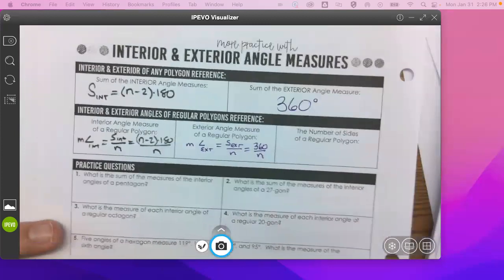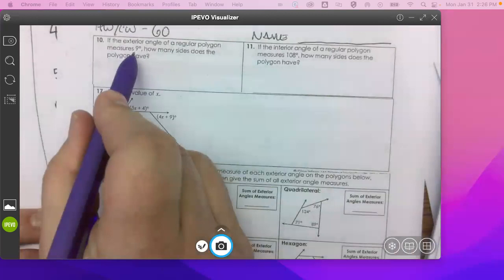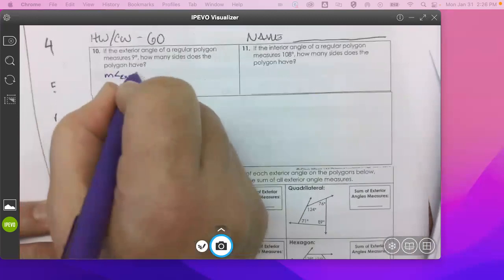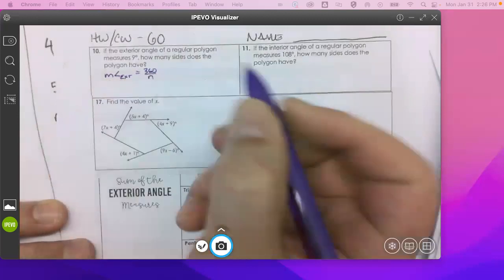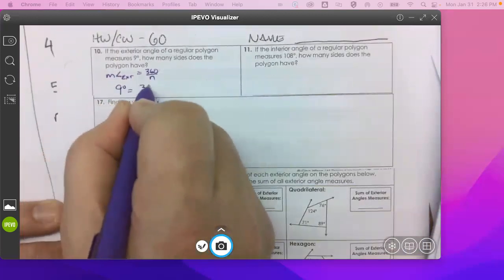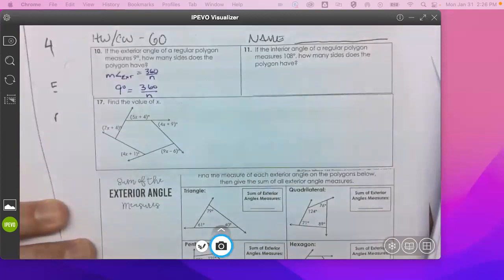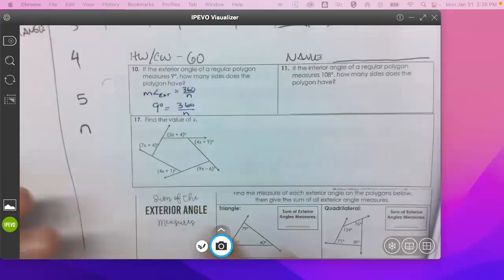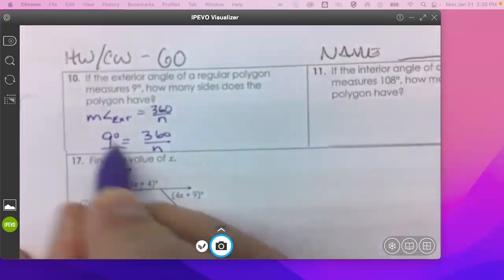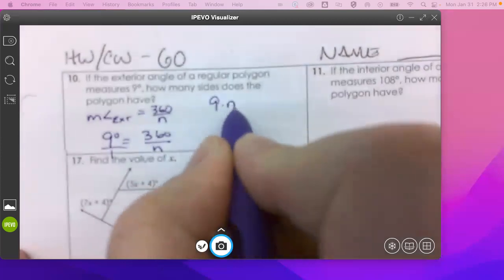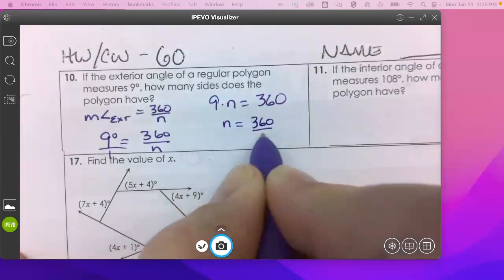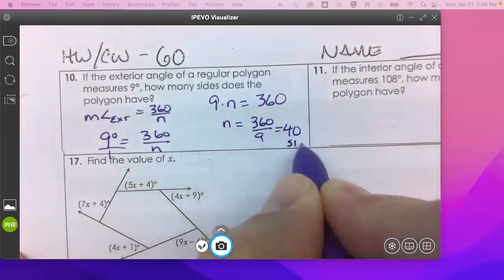It's the measure of a single one, isn't it? They're telling us that a single measure is 9 degrees. So if the formula says the measure of a single exterior angle is 360 over n, then we'd have 9 degrees equals 360 over n. Do you know how to solve that? Cross multiply. 9n equals 360. So n is 360 over 9, which is 40 sides.